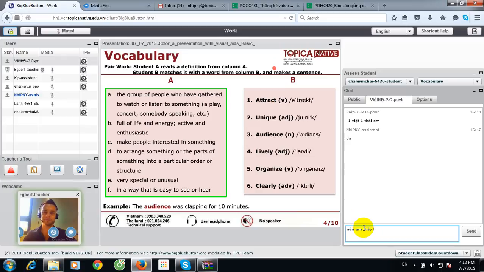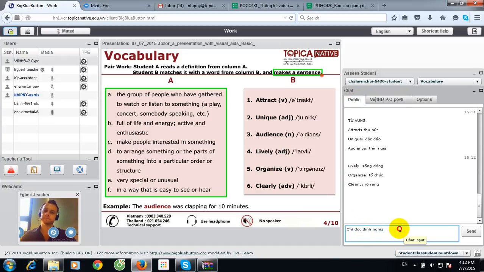Definition A. The group of people who have gathered to watch or listen to something, play, somebody speaking, etc. Perfect. Number 3, audience. Yeah, perfect. Nicely said. Audience.